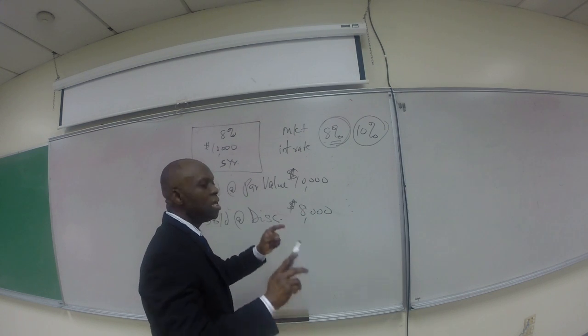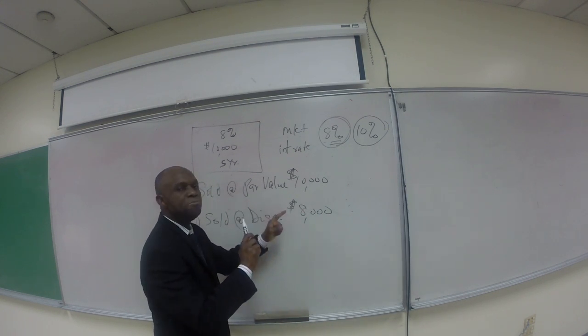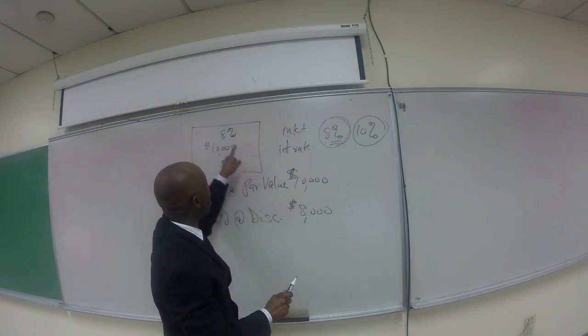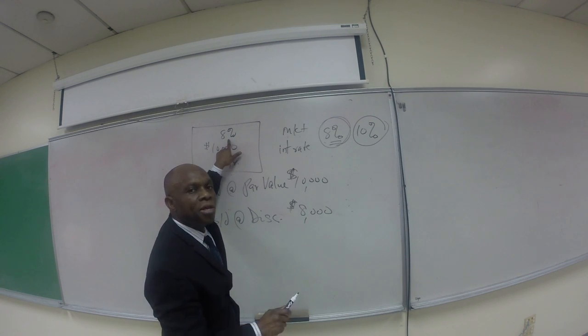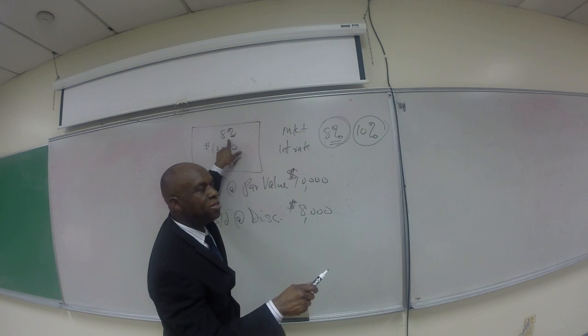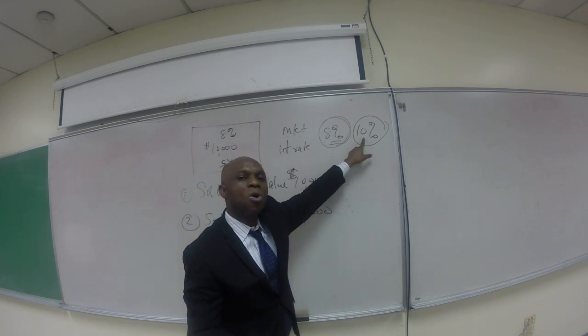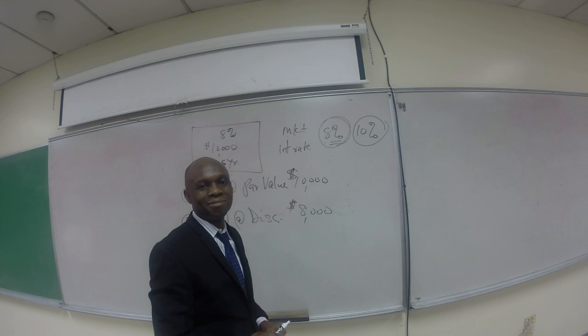Because the company is making up for the lousy 8% that the investor is going to be receiving for the next 5 years versus what the investor would have gotten in the financial market.